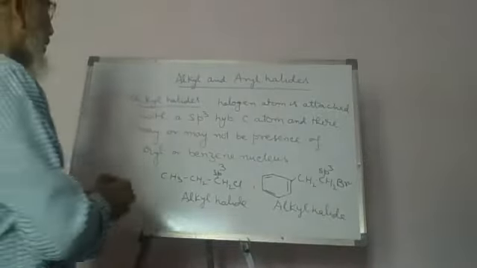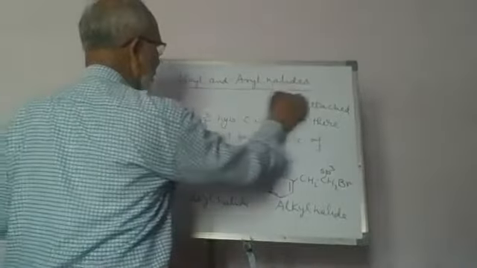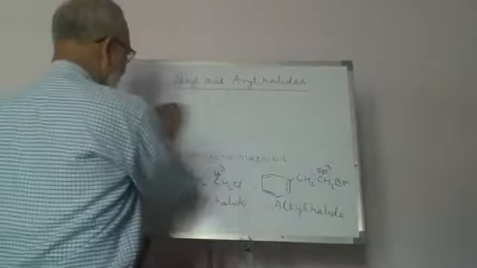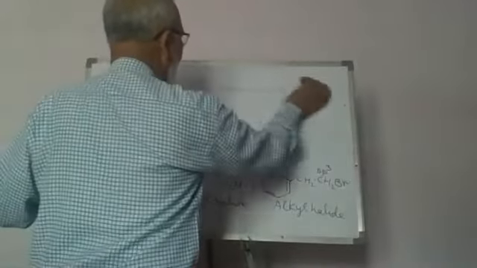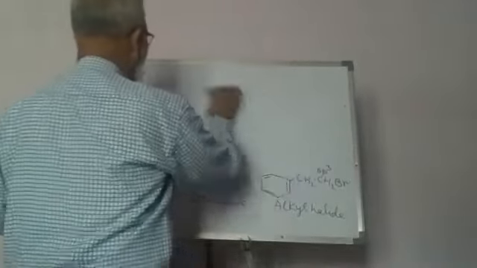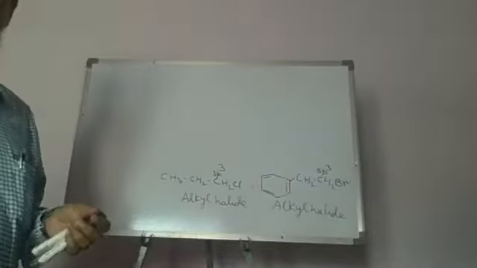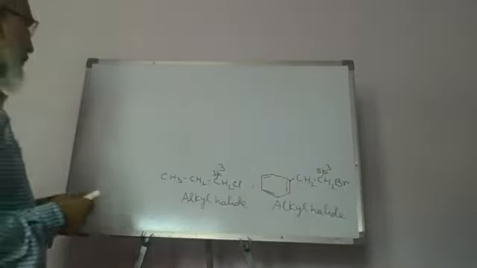In case of aryl halides, the halogen atom is attached with the sp2 hybridized carbon atom of the aryl nucleus or the benzene nucleus.